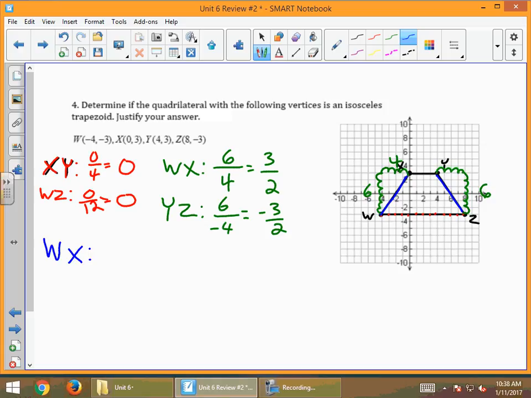So those are going to be the legs of my triangle, and we're going to find our c value. So I'm going to do 6 squared plus 4 squared is equal to c squared. 6 squared is 36. 4 squared is 16. 16 and 36 equals c squared.